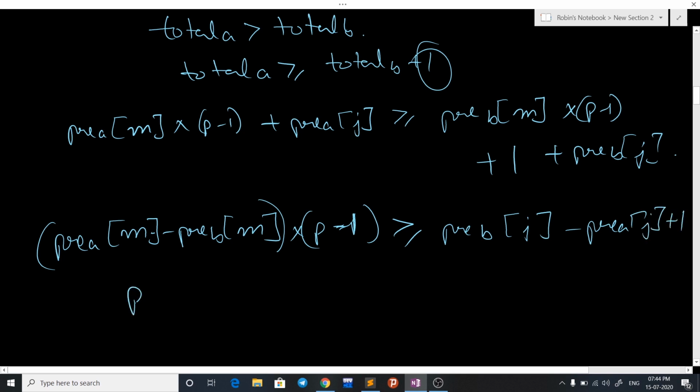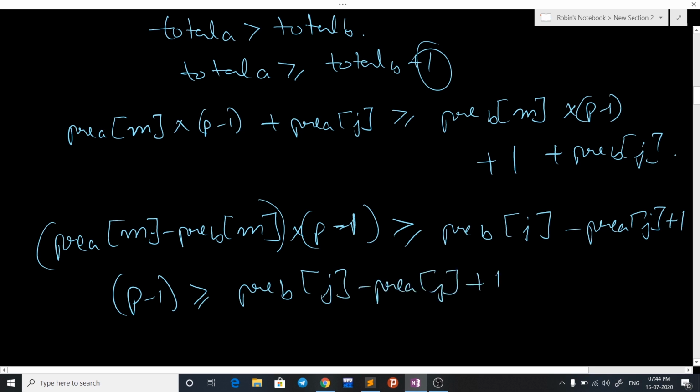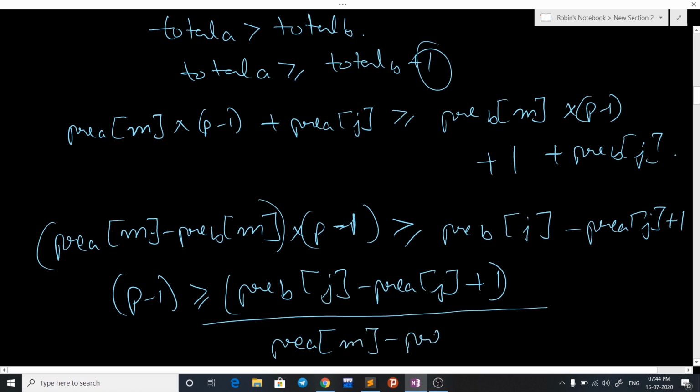So P minus 1 would be pre B J minus pre A J plus 1, divided by pre A M minus pre B M.